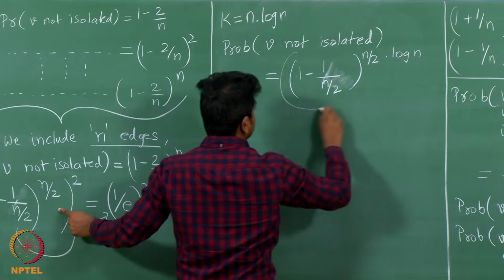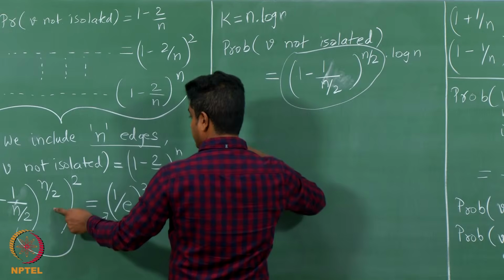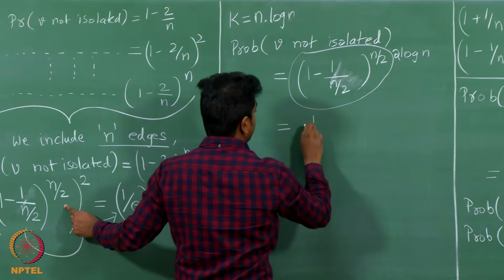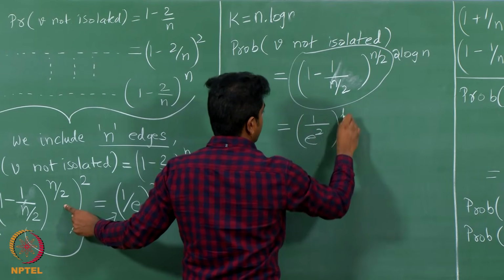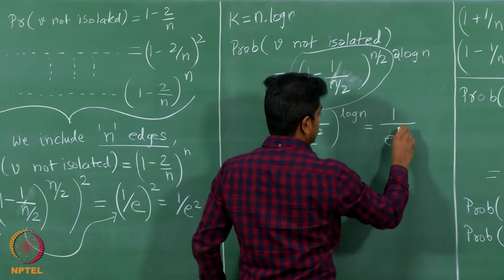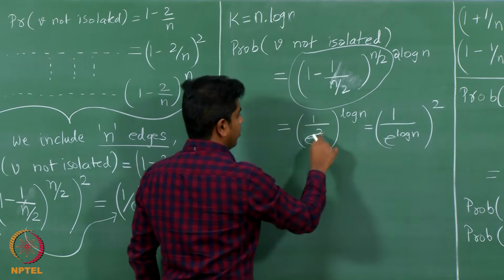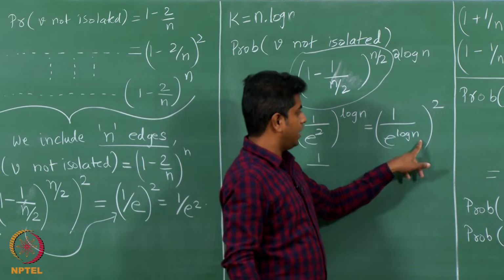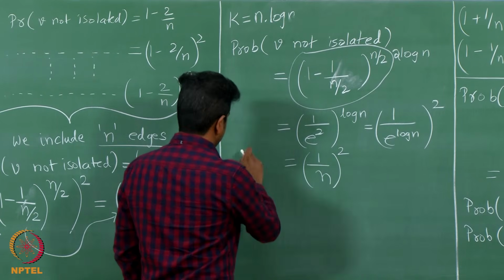We know this part is e, correct. So there is a 2 here, 2 here, this becomes 1 over e square times log n, which is 1 over e to the log n, whole square. I have just taken the log and put it to that side, which is equal to 1 over, we know e to the log n is n, 1 over n the whole square.